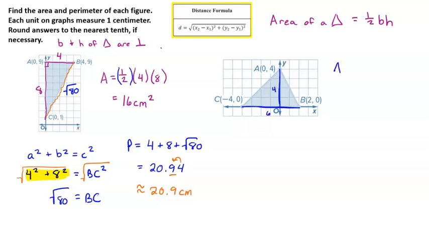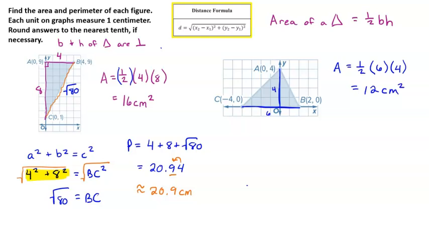So area for this one, real easy, 1/2 base times height. So our base is going to be 6, and then our height is going to be 4. 6 times 4 is 24, and then half of that is 12. So easy to calculate on our own. And that's going to be centimeters squared.